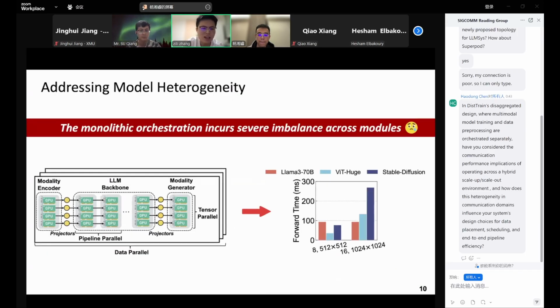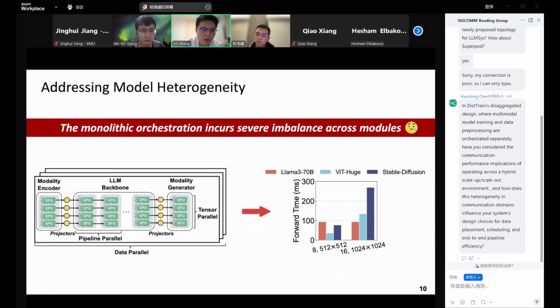Yeah, you can see there exist some projectors or collectors between the modality encoder and the backbone. When you use different parallelisms, the number of projectors and the location of the projectors may be a problem to solve. If you just use one projector and put it on one node, which is a centralized design, all of the communication will pass into that one projector, so it may become a computation bottleneck.